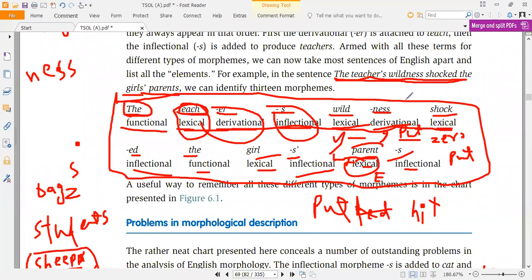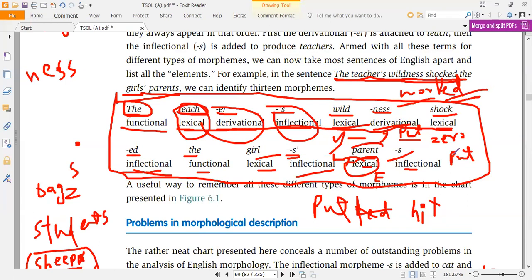For example, if we have the word work, and worked, how will you do it? You will write lexical, and beneath this ed you will write inflectional, just as they have written beneath the apostrophe s or ed.